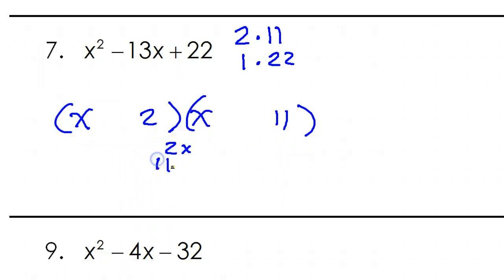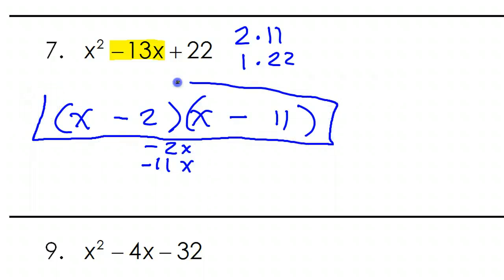Outer, I've got 11x. I'm trying to get negative 13x. I can get negative 13 if both of these are negative. That means both of these are negative. Will that make positive 22? Yes, sir. Negative 2 times negative 11 is positive 22. So that's the answer for number 7.